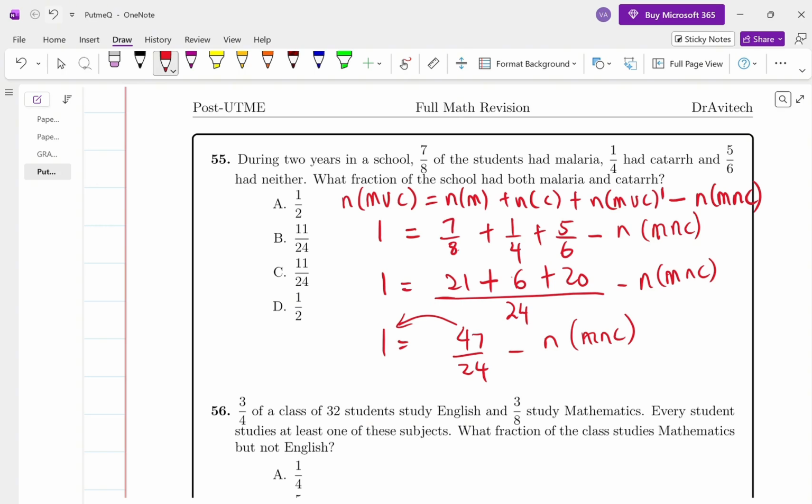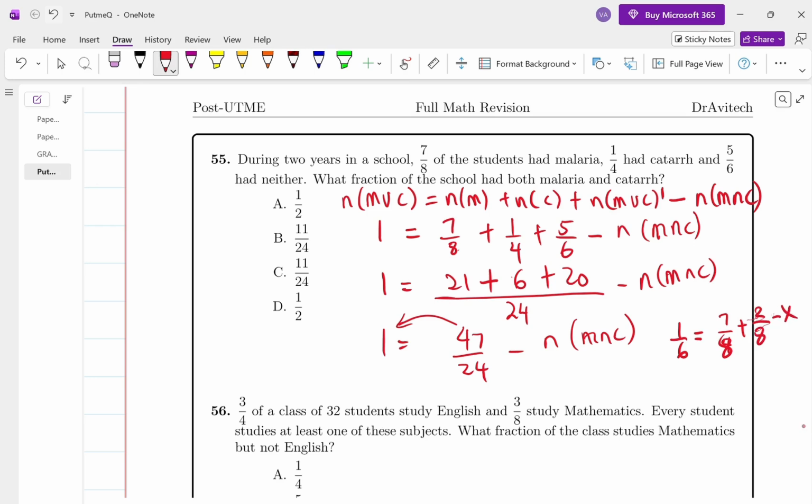Because even if we tend to remove this number, let me check something. Hold on. Right, 1 over 6. 1 over 4. So 7 over 8. 2 over 8.